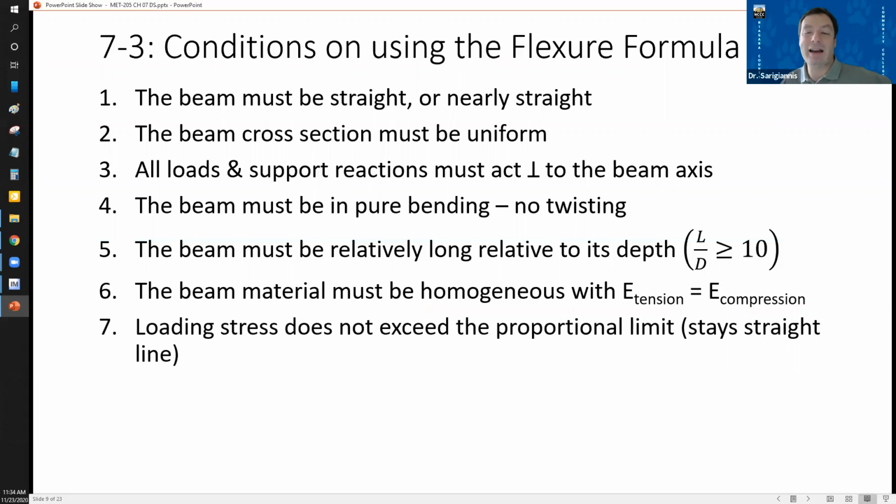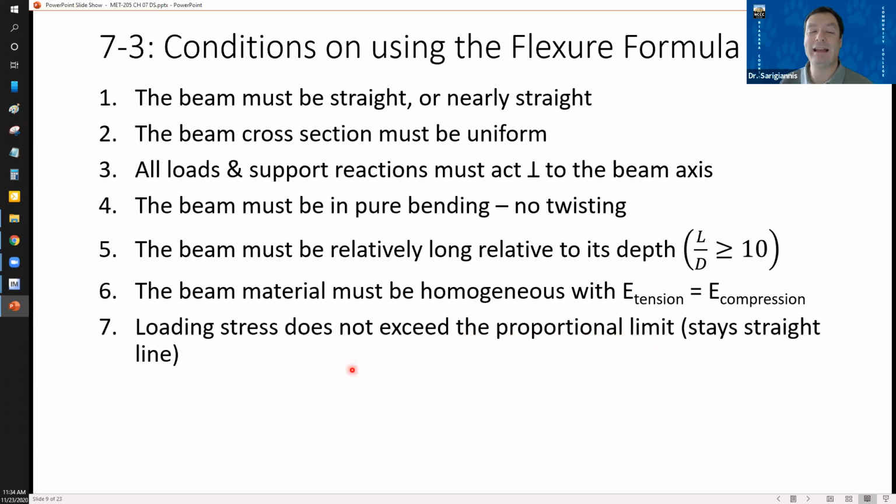Loading stress does not exceed the proportional limit. So remember, we had a graph of stress versus strain, and that first straight line section, the elastic region. When you started to deviate from the straight line region, that's where you started exceeding the proportional limit.